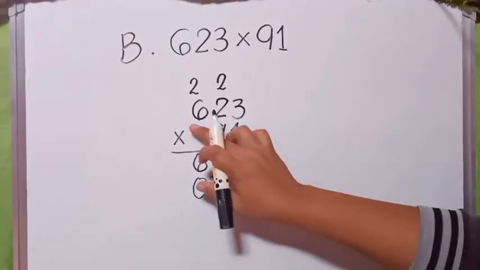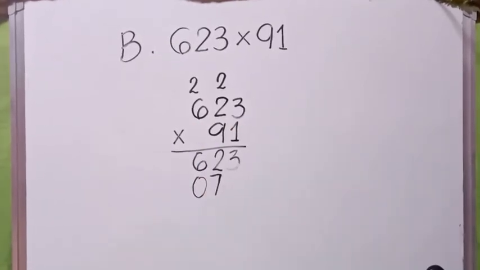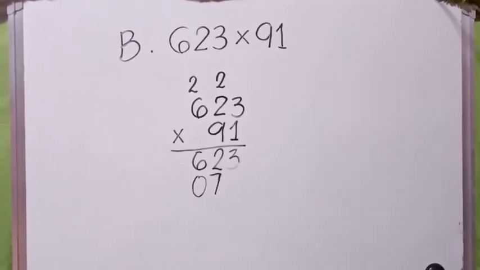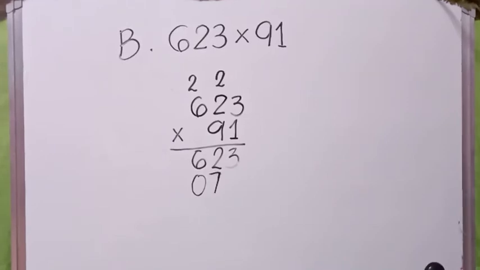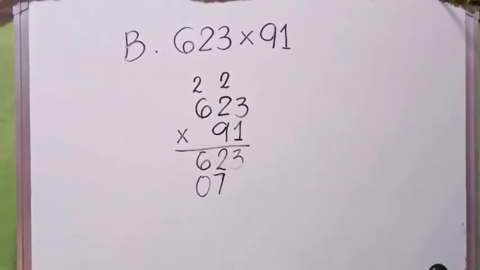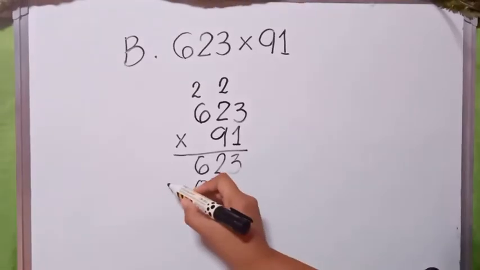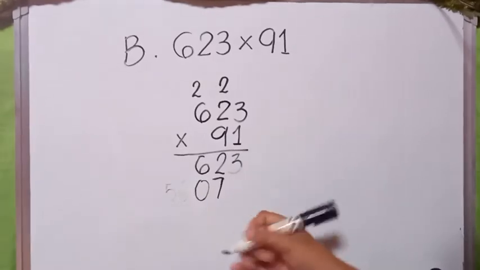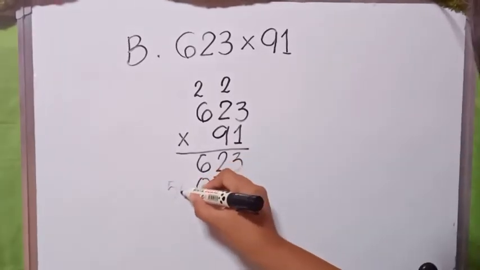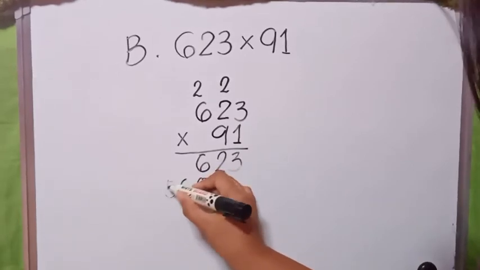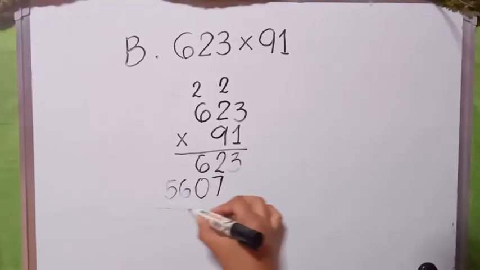So, 9 times 6, that would be 54. And because we have carried 2, we need to add it. 54 plus 2, we got 56.